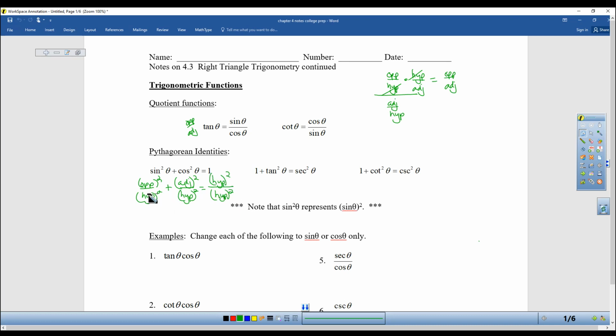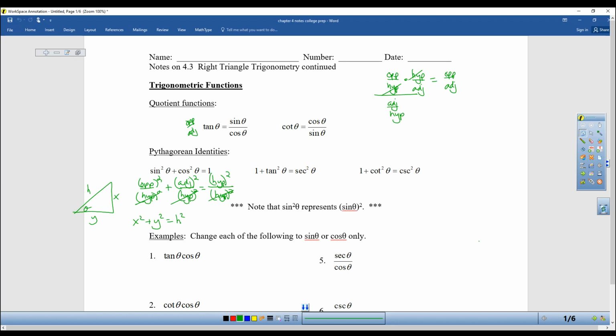Now that they all have the same denominator, I can clear the fractions and multiply through by hypotenuse squared. I get opposite squared plus adjacent squared is equal to hypotenuse squared, which is true: if this is our theta, with x, y, and hypotenuse, x squared plus y squared is equal to hypotenuse squared. This is the Pythagorean theorem.